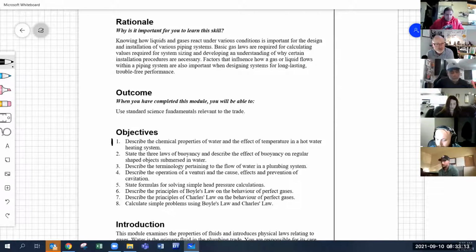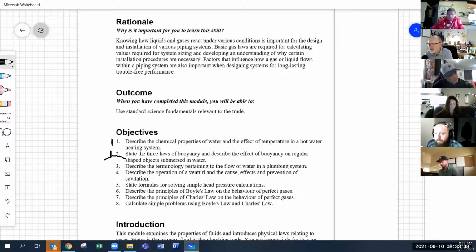We're going to state the 3 laws of buoyancy and the effects of buoyancy on regular shaped objects submersed in water. And that's it. Those are the 2 objectives that we're covering in this ILM. And I think those are the objectives in your ILMs.